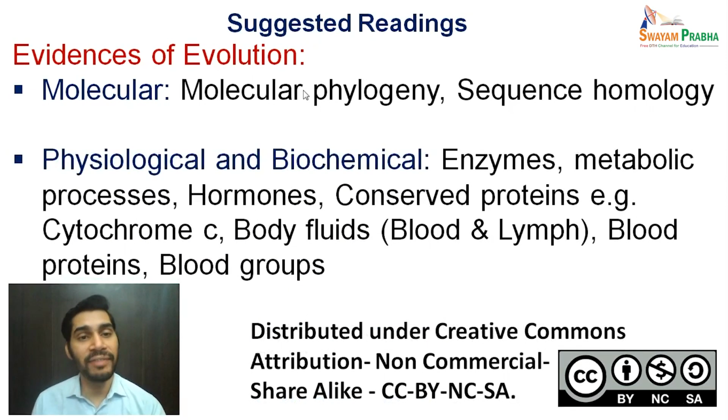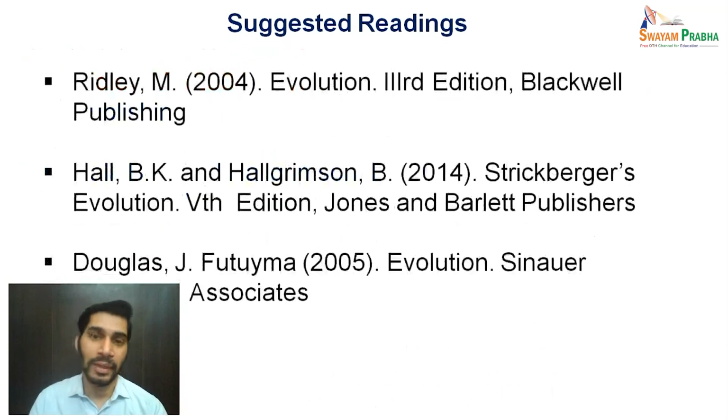And lastly, we discussed various physiological and biochemical pathways, molecules, enzymes, hormones, proteins, etc., and how these represent the evidence of evolution. So here we'll end this lecture with this exhaustive discussion of evidence of evolution.